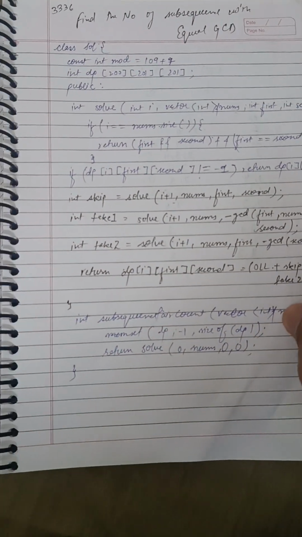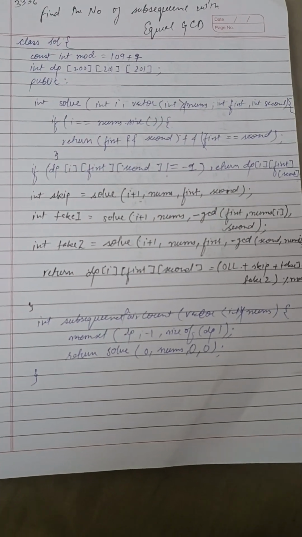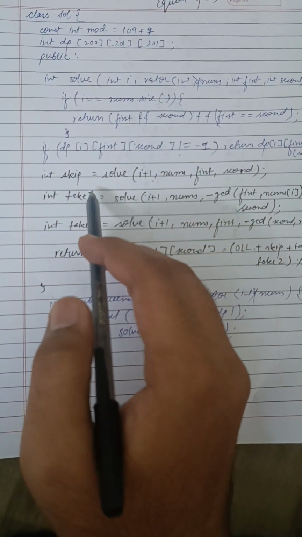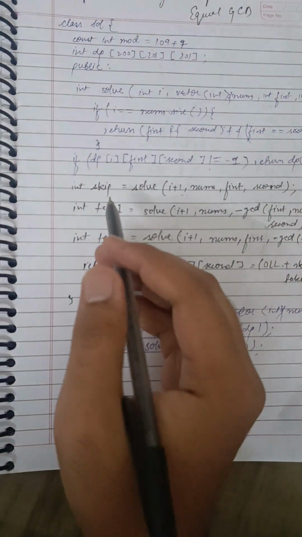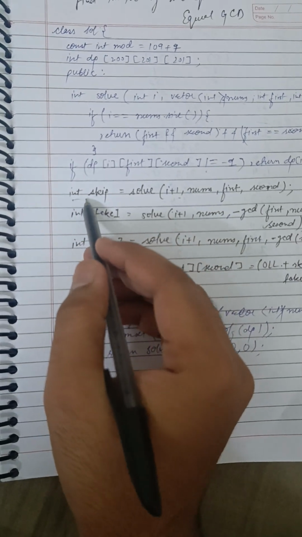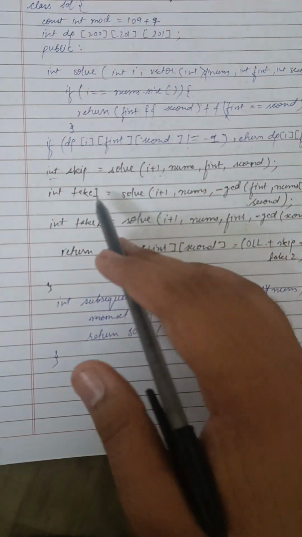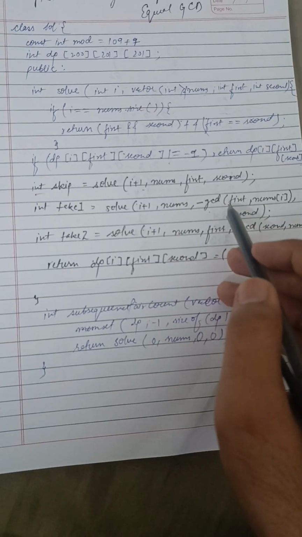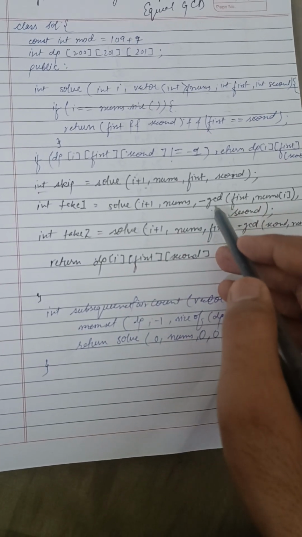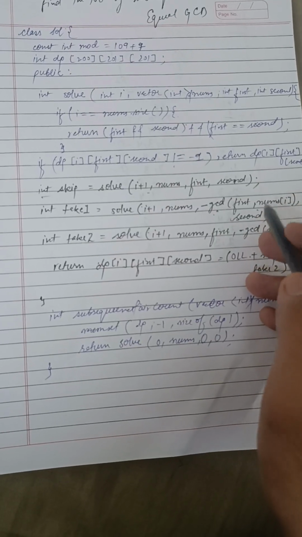To find a valid subsequence, there can be ways to form it: either I leave a particular element of the index, or I take it, and the moment I take it, I find the GCD of that number and the number already present over here.